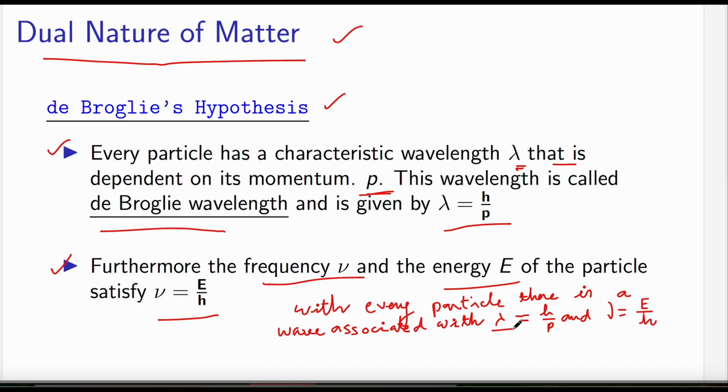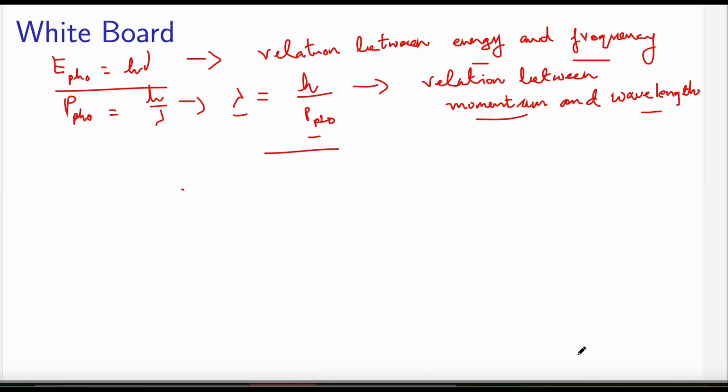Lambda is the wavelength, so the wavelength of the wave is determined by its momentum, and the frequency of the wave is determined by its energy. This is what de Broglie's hypothesis said, and this is just an extension of what we learned about photons to particles in general.